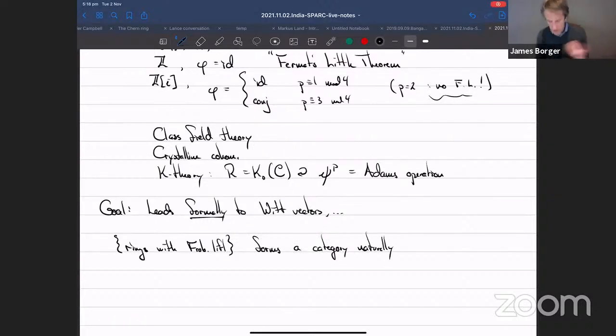An object is a ring together with a Frobenius lift, and a morphism in that category is a ring homomorphism which is equivariant with respect to these two Frobenius lifts, such that the corresponding diagram commutes. But the key thing is that the category is not a good one.